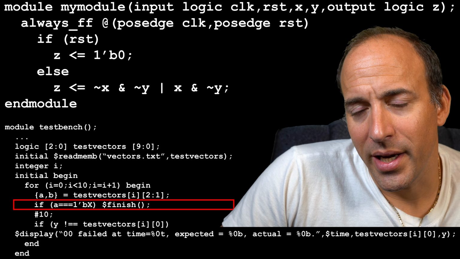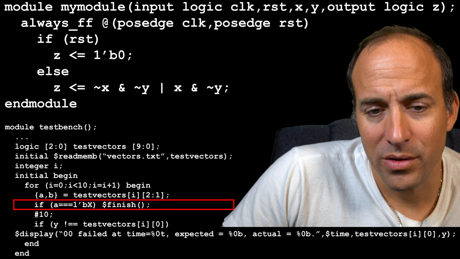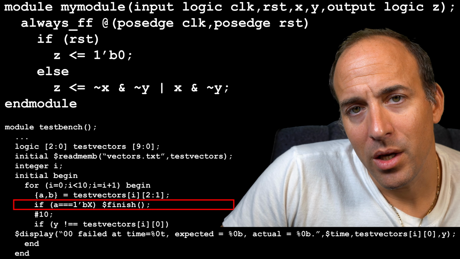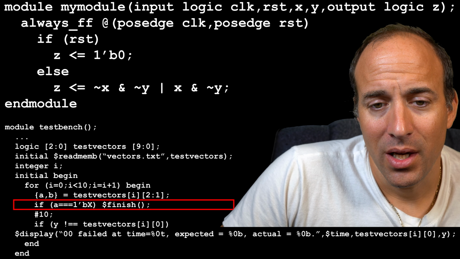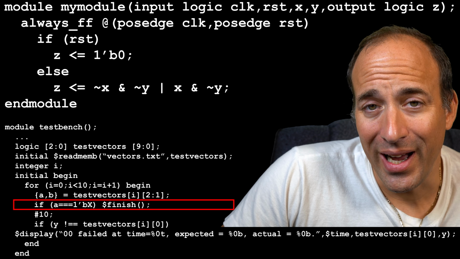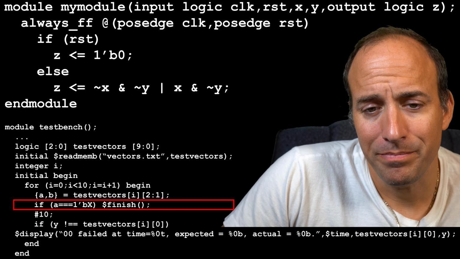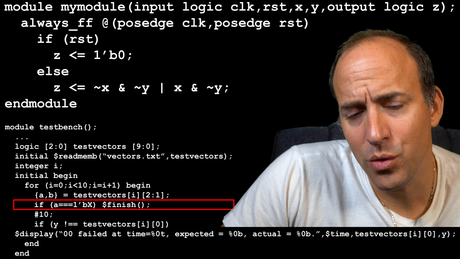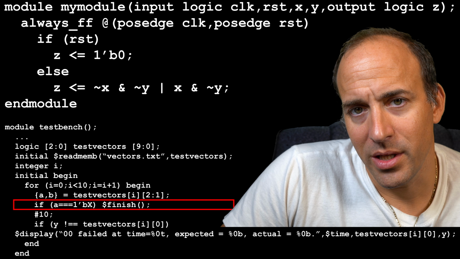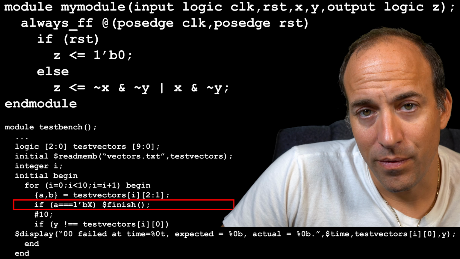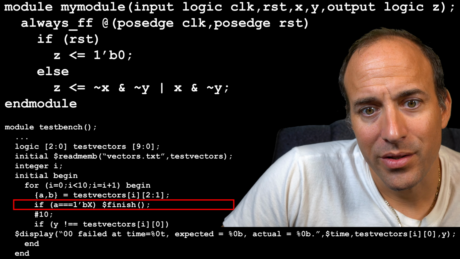The 3 equal signs allow you to perform comparisons where one or both sides of the comparison is a non-binary value, in other words, an X or a Z. If you just use 2 equal signs here, then the condition will always evaluate to false, even if A in fact was an X.